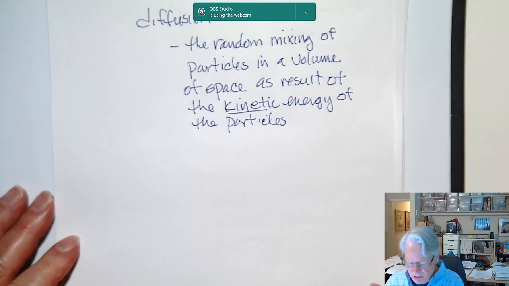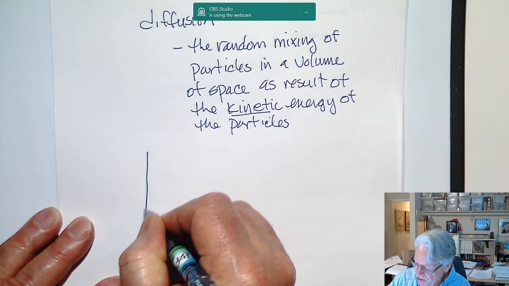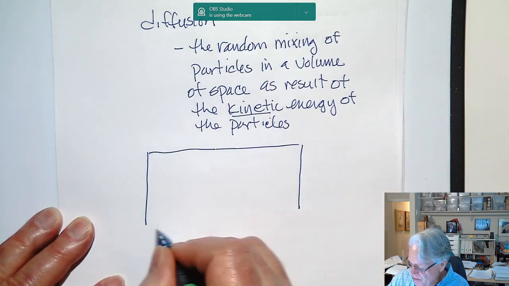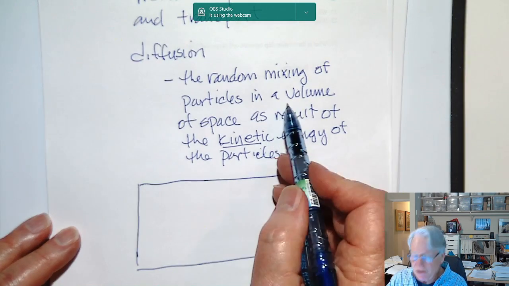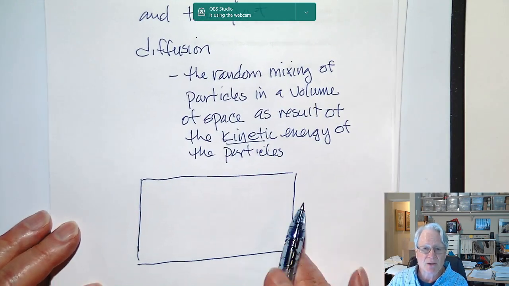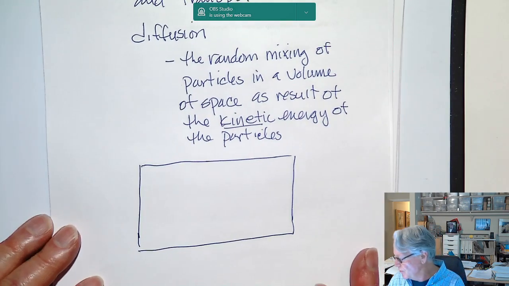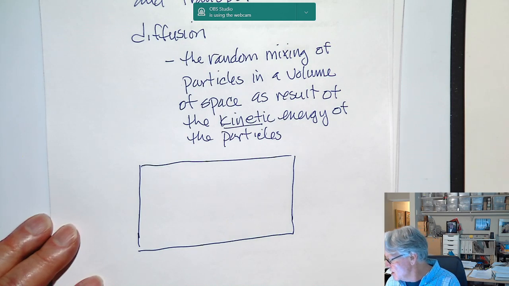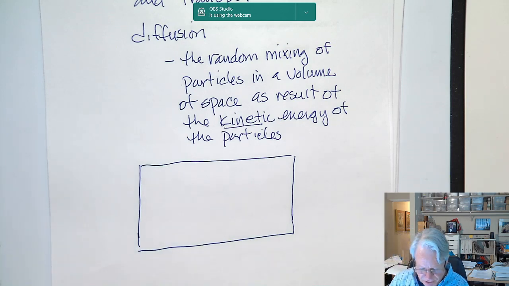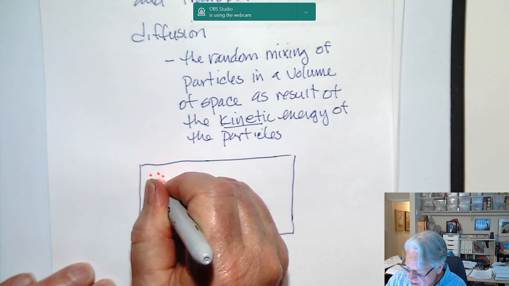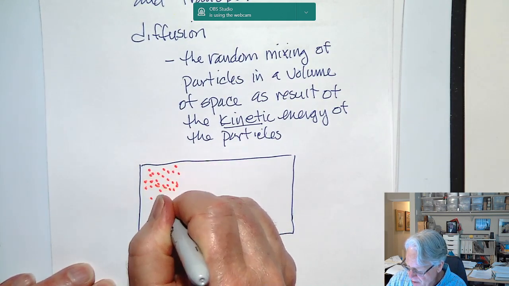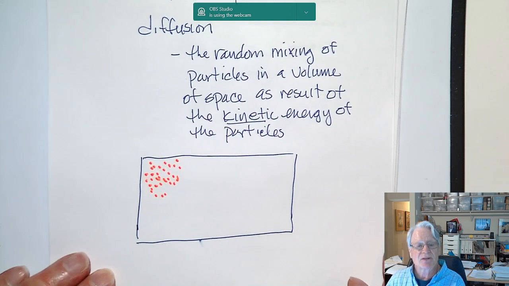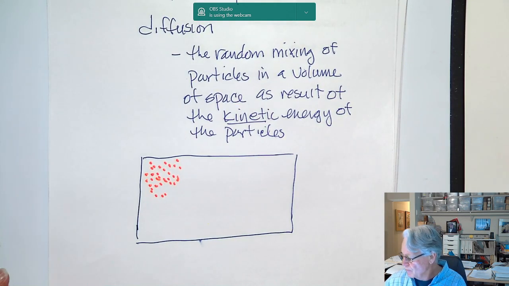So what I'm going to do is I'm going to just simply draw a space. I'm going to define a space, because you notice that it talks about a volume of space. So we're defining this little box as our volume of space. And we're going to go ahead and put some particles into that space. Well, there are the particles.